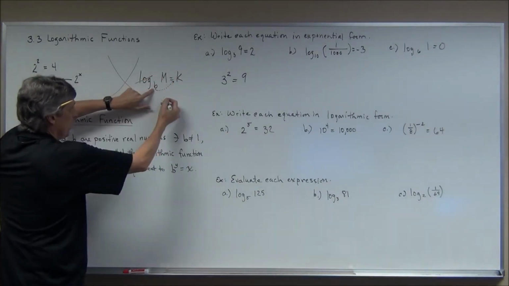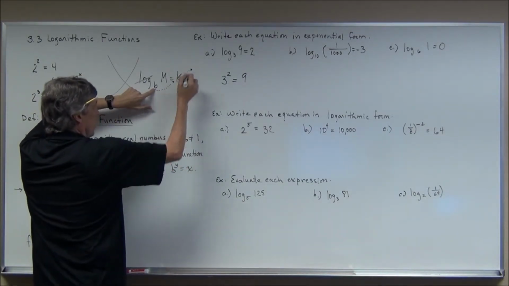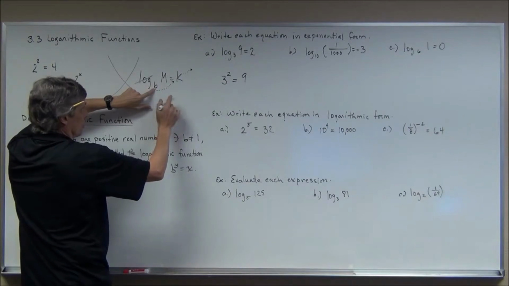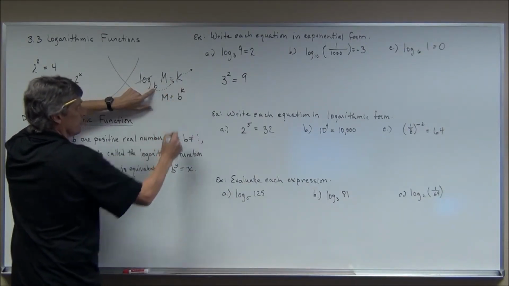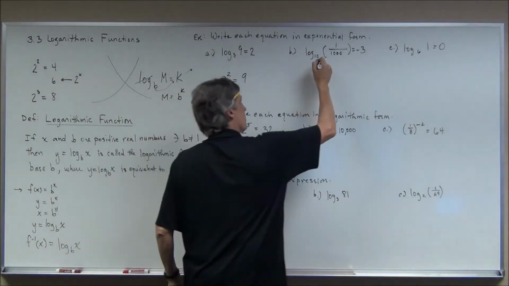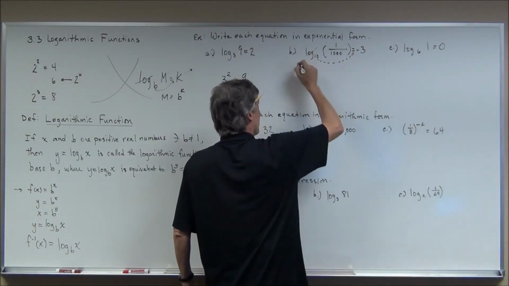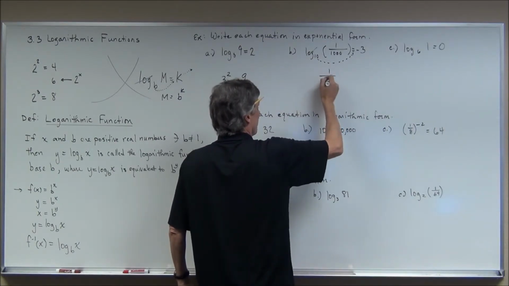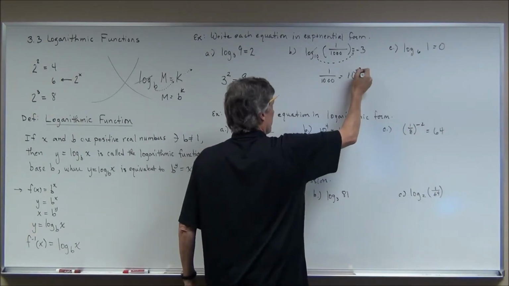The k is in the way, so all it can do is kind of use its shoulder and nudge it up and over to the side a little bit. So m becomes, this comes over here, b to the k. So if I bring this 10 over here, nudge the negative 3 out of the way, I get 1 over 1,000 is equal to 10 to the negative 3 power.